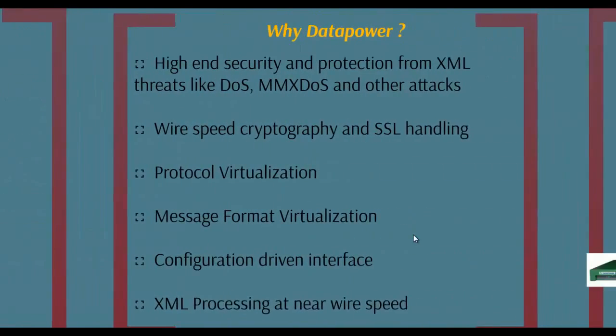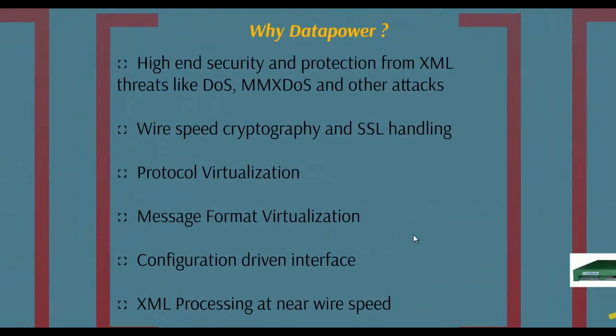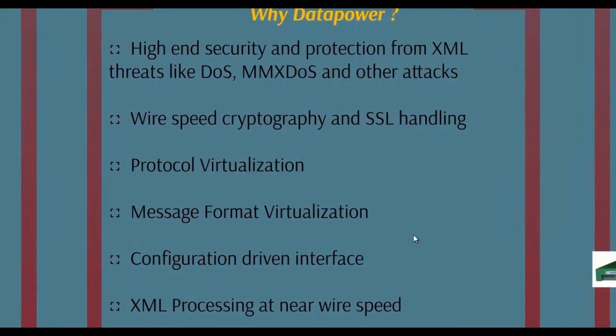Now let's move ahead and see the advantages of DataPower. There are ESB products available in the market, but we are talking about DataPower. There must be some reason for that, and a couple of reasons are listed here. The DataPower device at its root is a core XML processing engine, and it is customized for XML threat protection.